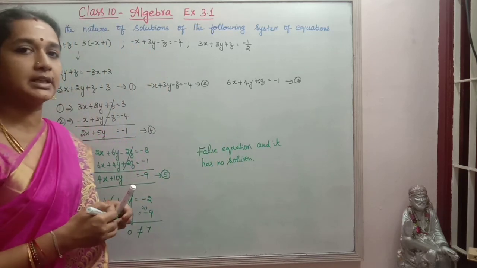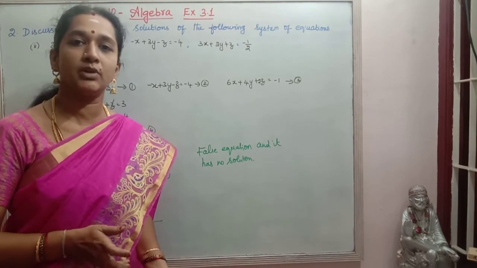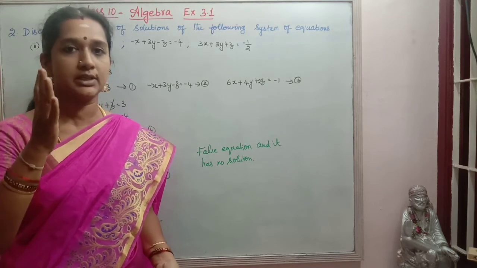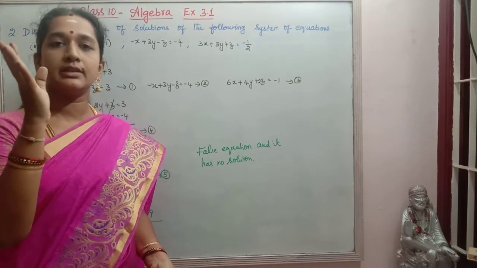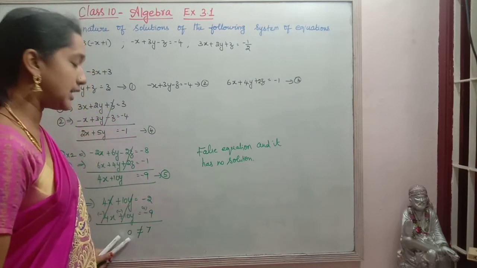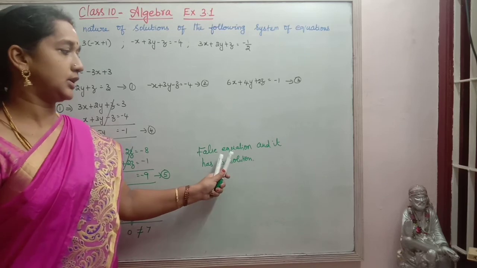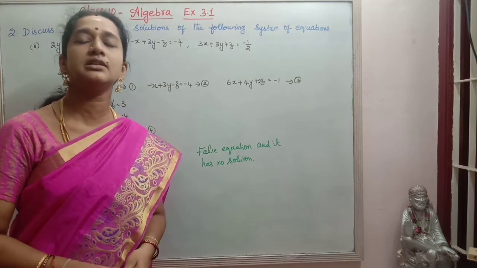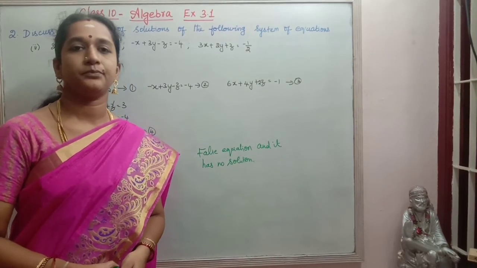In the previous sum, infinite number of solutions we got. Why? Because 0 is equal to 0 we got, that is both LHS and RHS are equal. In this, 0 not equal to 7. So it is a false equation and it has no solution.